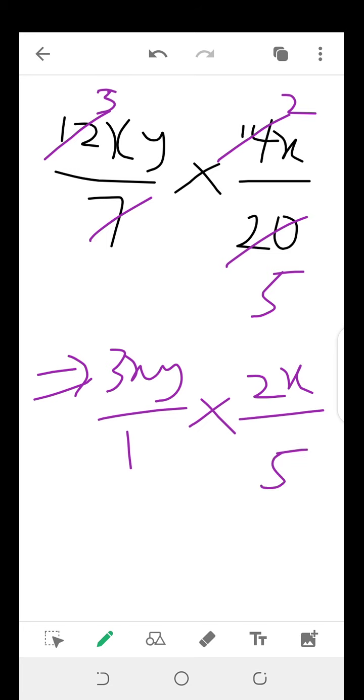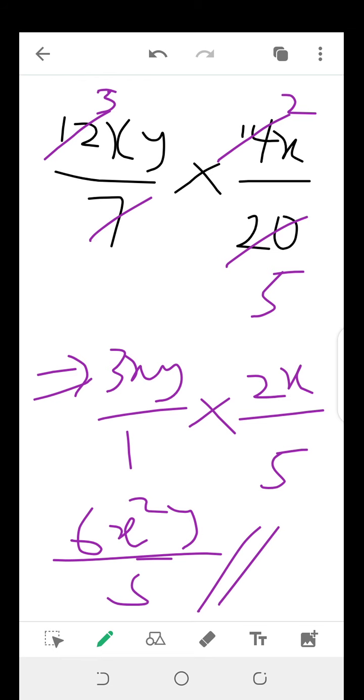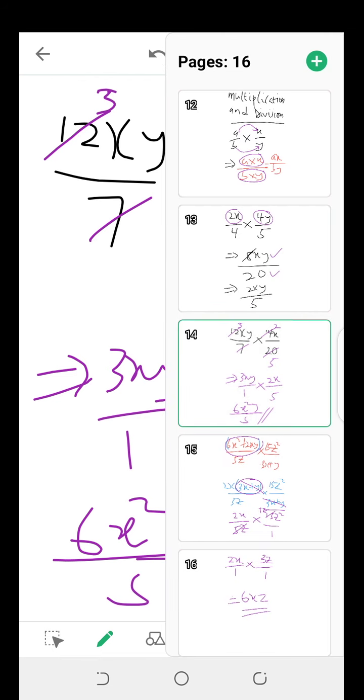Let's multiply the numerator by the numerator and the denominator by the denominator. So 3xy times 2x will give me 6x squared y all over 5, like this. And this is our final answer.